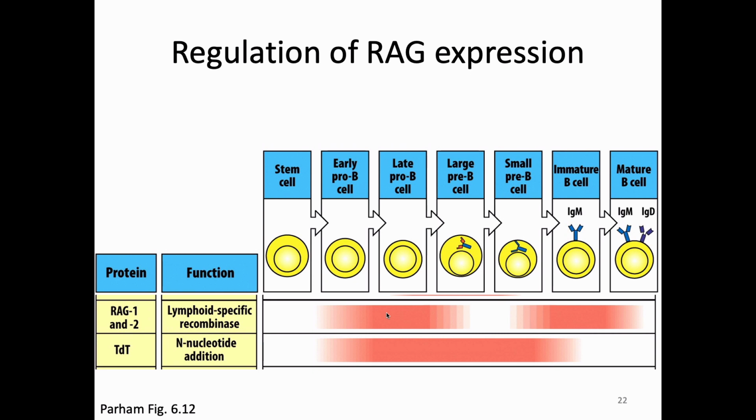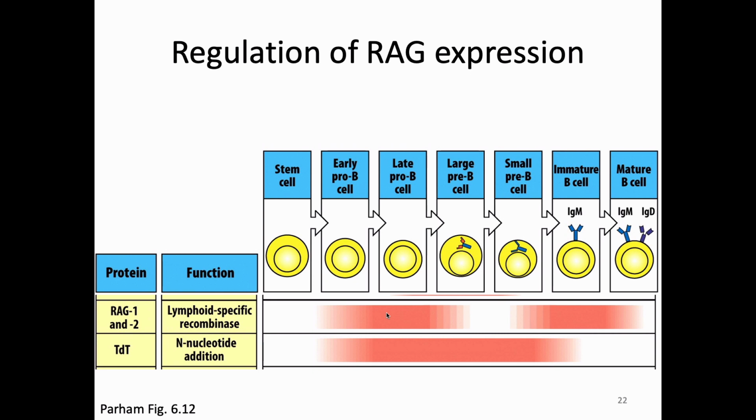So there is one other thing that we can notice about this cell when it becomes a mature B cell. If you look, the immature B cell is shown as having a B cell receptor on its surface that contains IgM. By the time it is out of the bone marrow, the mature B cell is making both IgM and IgD.